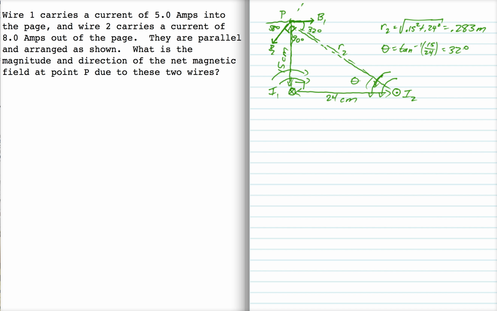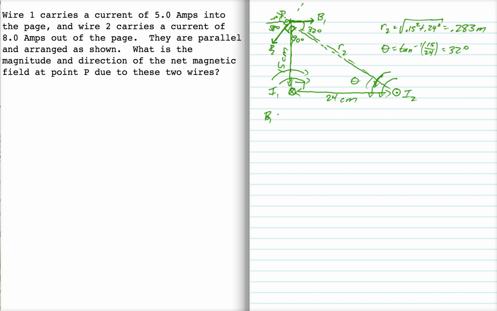Right? If you wanted to, we could continue on with this line and say that that's 32 and that these two angles have to be at right angles. So however you want to slice it, the magnetic field B2 points off in a direction 58 degrees below minus x.